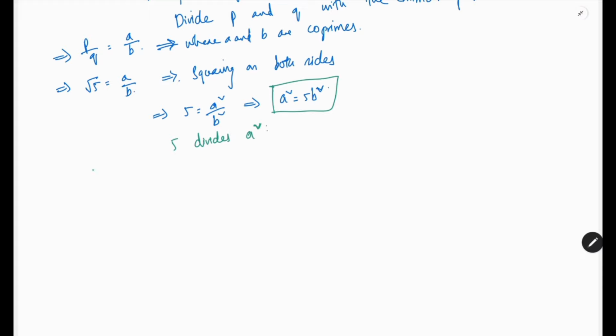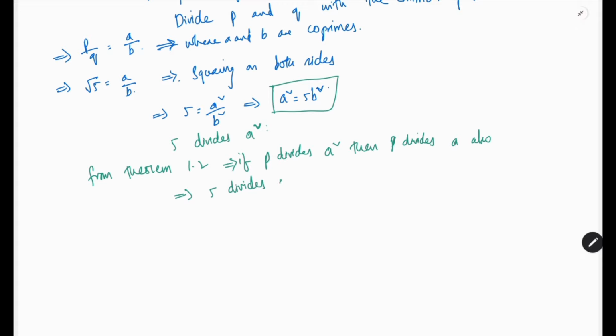From theorem 1.2, if p divides a square, then p divides a also. This implies 5 divides a.